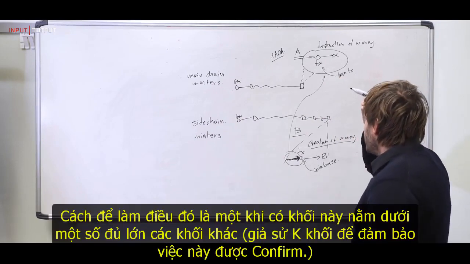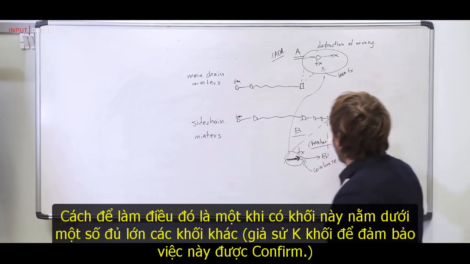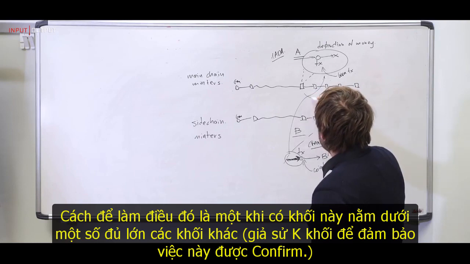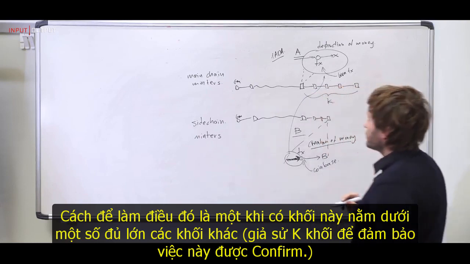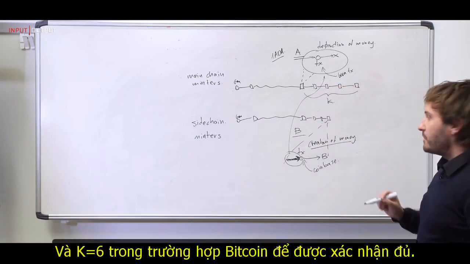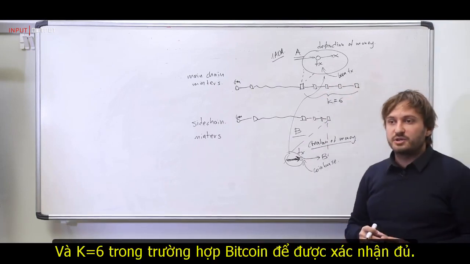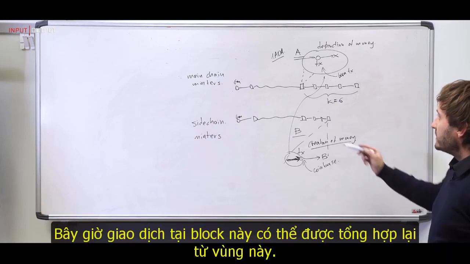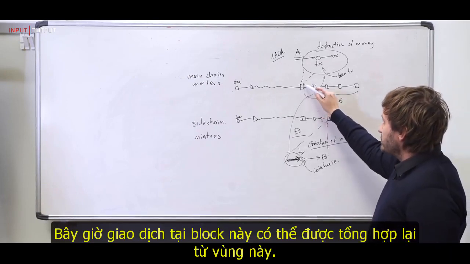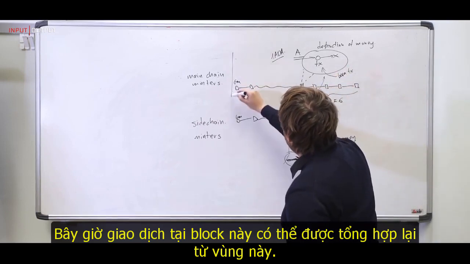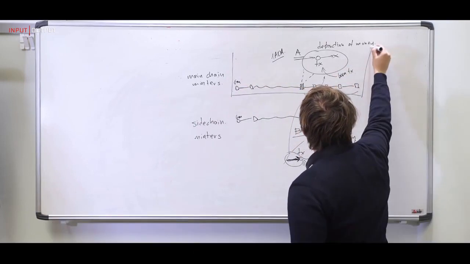The way to do that is, once we have this block buried under enough other blocks, let's say k other blocks, to make sure that this is stable, and imagine k is equal to 6 in case of Bitcoin, where we say, oh, this has been confirmed enough. Now this transaction along with this block can be collected, all of this part.